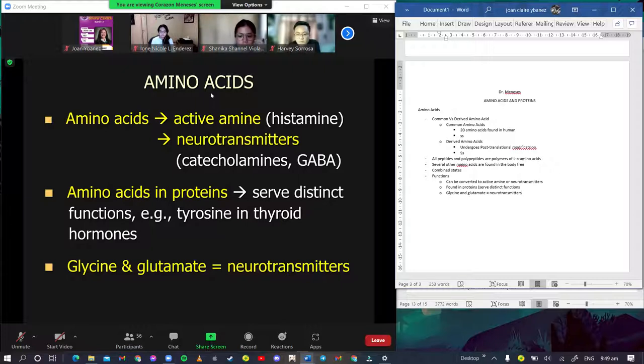Okay. And we have three types of nutrients. The lipid, which is also diverse or more complex in its structure. Then we have the carbohydrates, and then we have the protein.